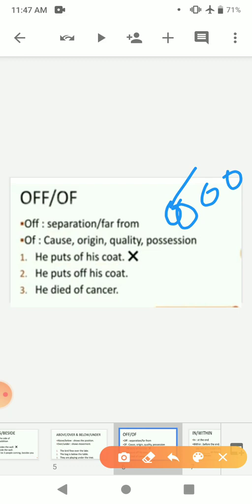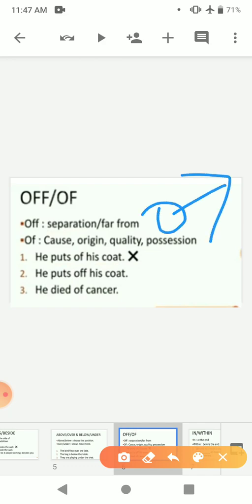For such situations we use off, or to show some things which are far away. And of is used to show some cause, origin, quality, position.